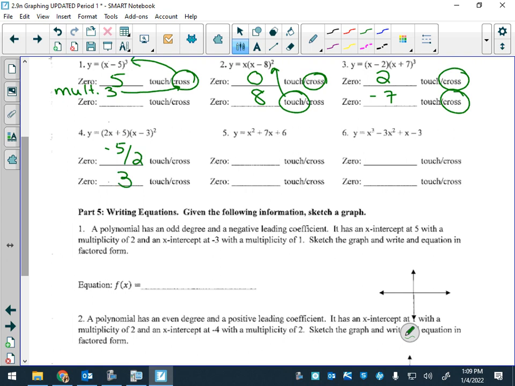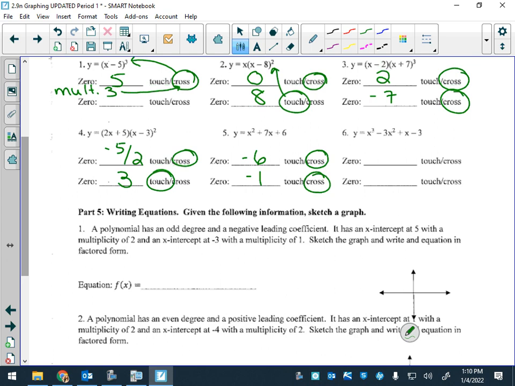Negative 5 halves and 3. Negative 5 halves, what's happening? Liam? Good. At 3? It's touching. Good. And then for number 5, we know the two zeros, negative 6 and negative 1. Both are doing what? Check. Excellent. Good.